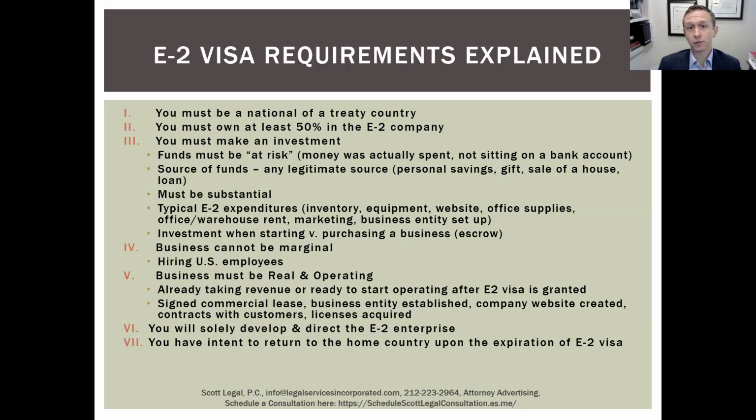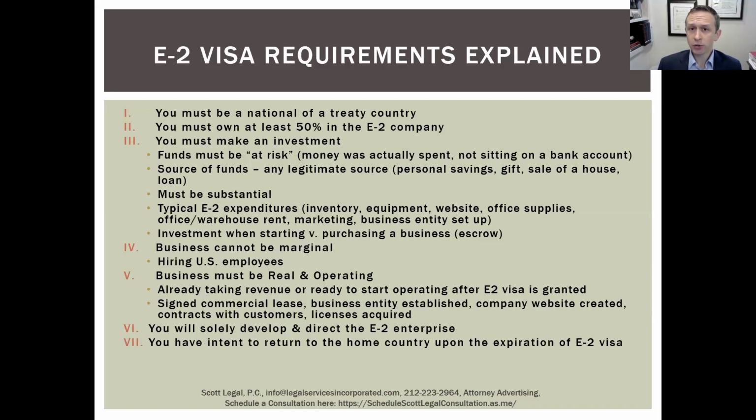This is a key requirement to keep in mind, especially given the nature of this presentation. This presentation is focused on E2 applications with low investment amounts or otherwise risky applications. When you're talking about E2 visa applications with low investment or that are otherwise risky, you want to strengthen the application in other ways. And one of the key ways to do that is to show that you already employ US workers.